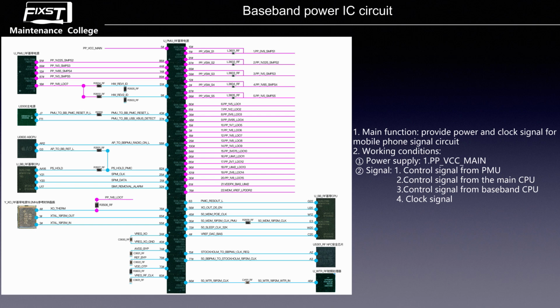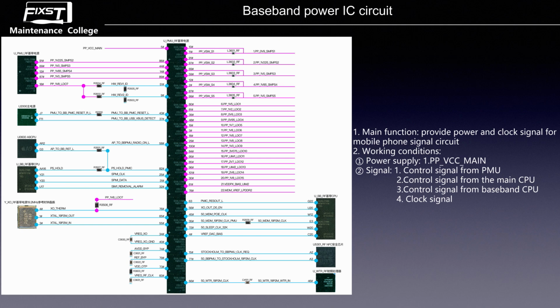And you can see that those LDOs are lower in voltage than the 5 first-time output powers. Actually, those LDO powers are converted from the S2, S3, S4, S5, these 4 lines. So these 4 lines are output from the baseband power IC, but they also work for the baseband power IC.